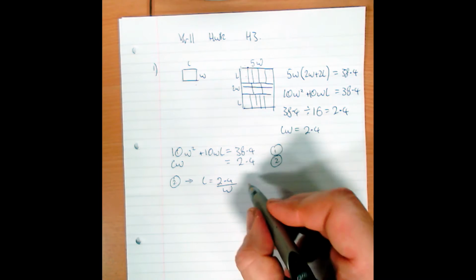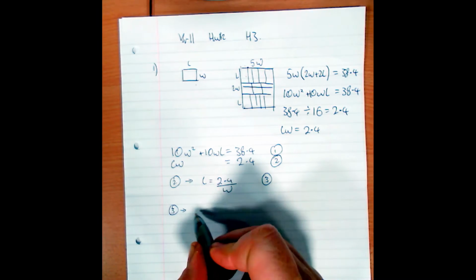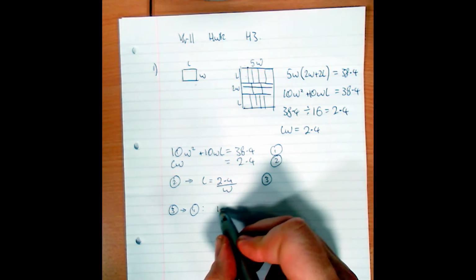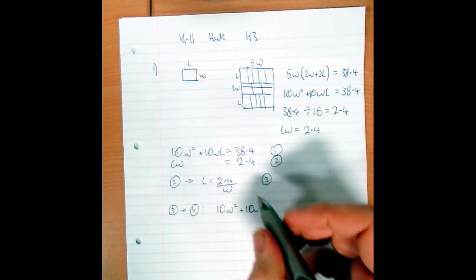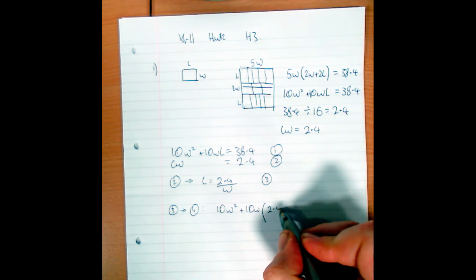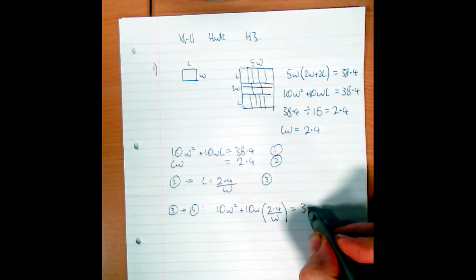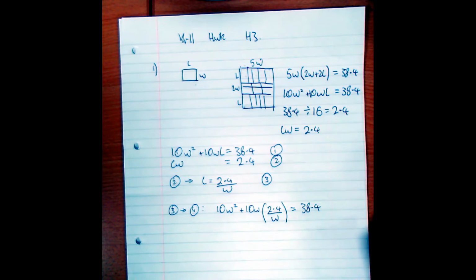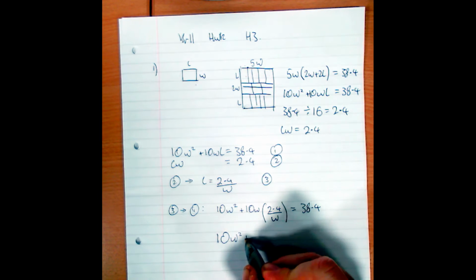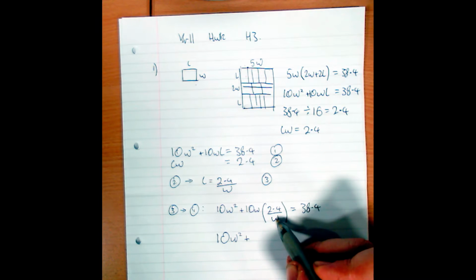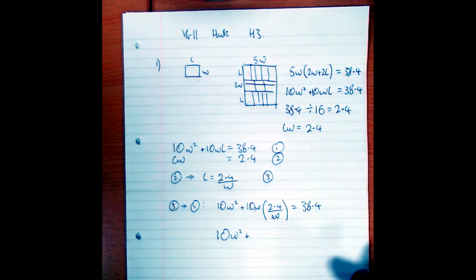So we'll do that, call that equation number 3, substitute equation number 3 into equation number 1, I get 10W squared plus 10W times L, where L is 2.4 divided by W, and that equals 38.4. Let's simplify. 10W squared plus, now look, I've divided by W and then times by W, so those W's cancel each other out.